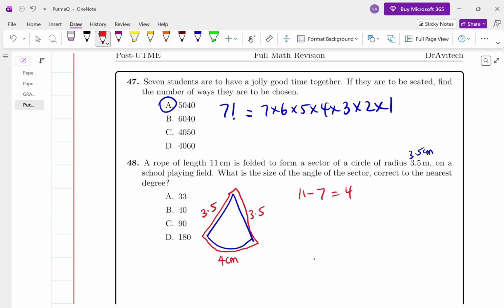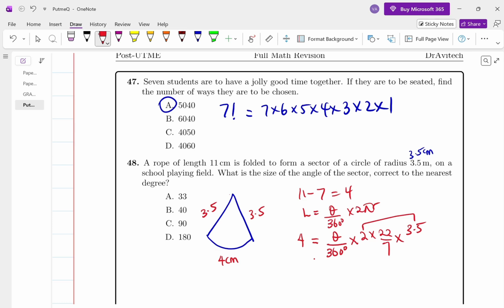Now this very side is the length of the arc. So the length of the arc is theta over 360 degrees times 2 pi r. So the length of the arc is 4, equal to the angle we're looking for, theta over 360, times 2 times 22 over 7 times 3.5. Well, 2 and 3.5 will form 7, so they would all cancel out. What's remaining is 4 equals theta over 360 with the 22.